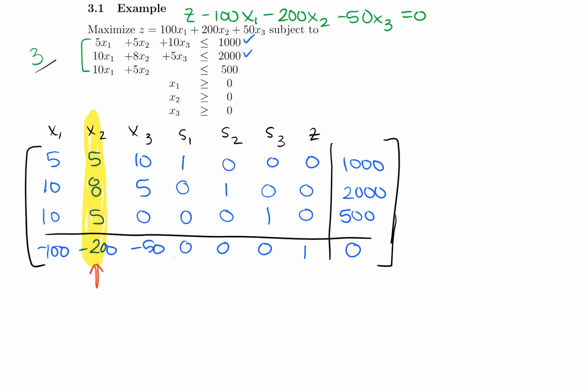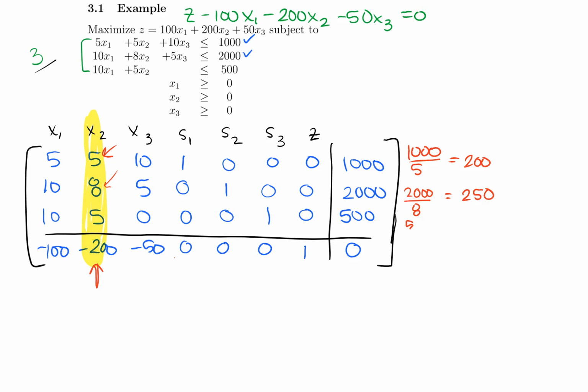Now we have to determine the pivot row, and we do that by finding the ratio. So what we're going to do is take the constant for each row. For example, row 1 has the constant 1000, and then we divide it by the entry that is in that row and the pivot column. So we would take 1000 divided by 5, and that would give us 200. For the second one, we will take 2000 divided by 8, and that would be 250.